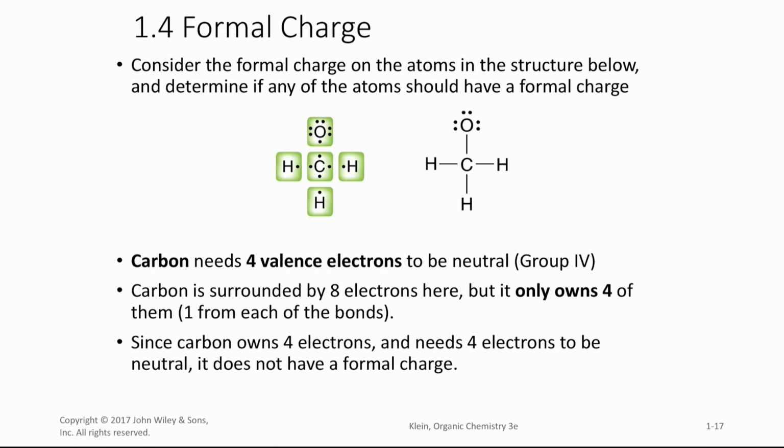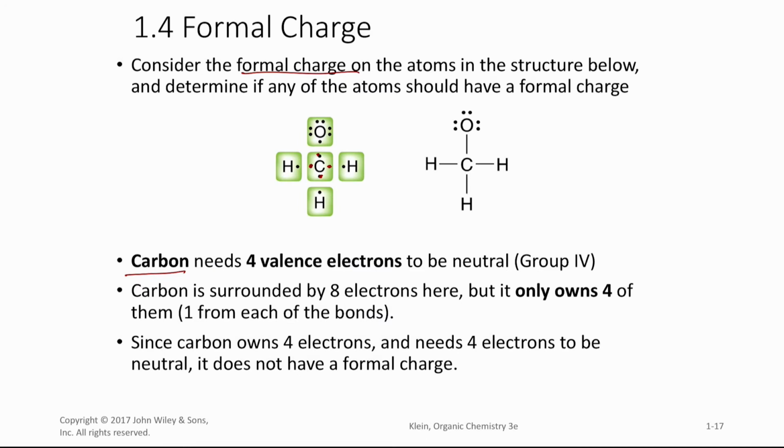For example, let's take the molecule that we just talked about, CH2O. Consider the formal charge on the atoms in the structure below. Which one should have a formal charge? Let's take a look at each of these atoms. Number 1, carbon. Carbon here has a total of 1, 2, 3, 4 valence electrons. So for it to be neutral, it needs 4 valence electrons.